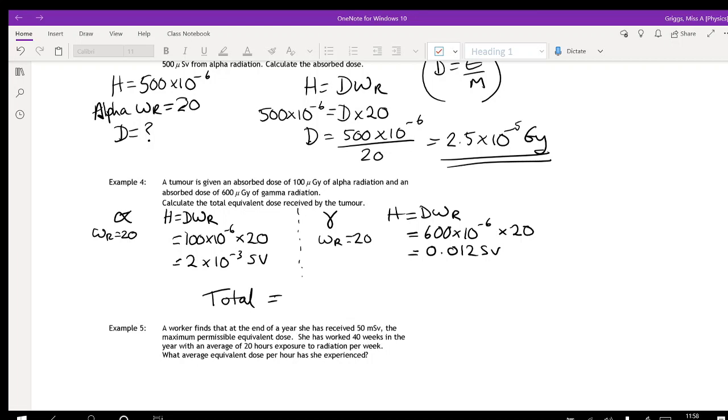So please make sure, once you've written this down, have a go at doing it on your calculator and make sure you are getting the same answer as me.